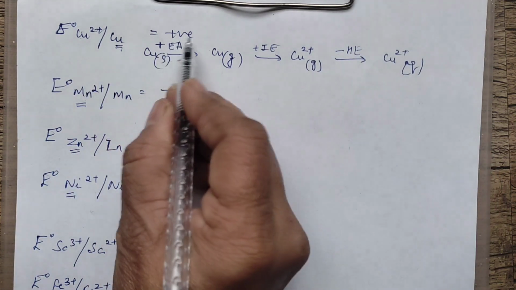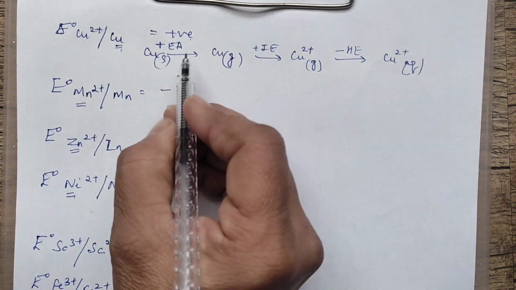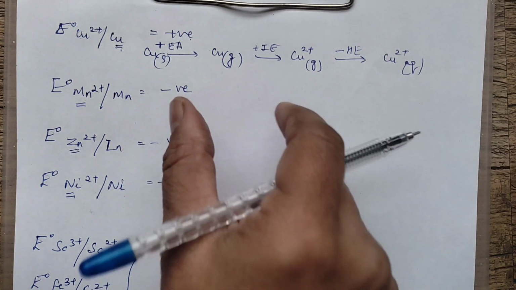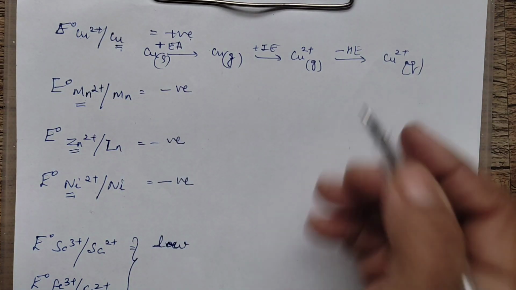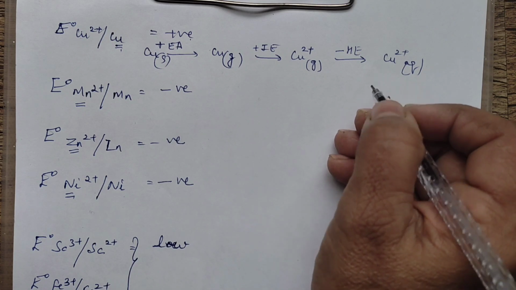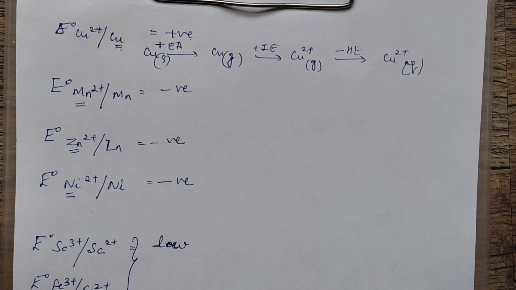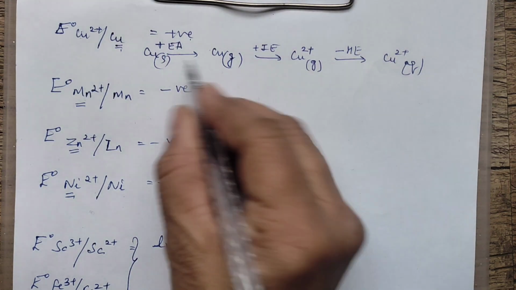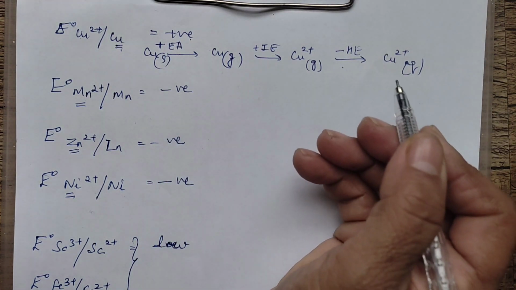So why is the value more positive? You will write the answer. It is more positive because the positive components are more, or probably we can say the negative components are less. So for this you will be writing that the sum of these is higher and this value is low.